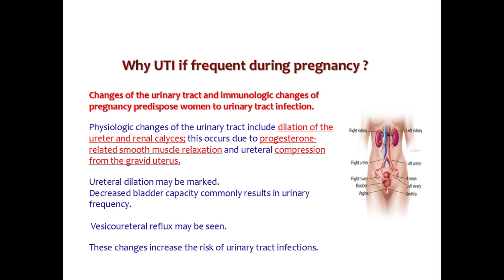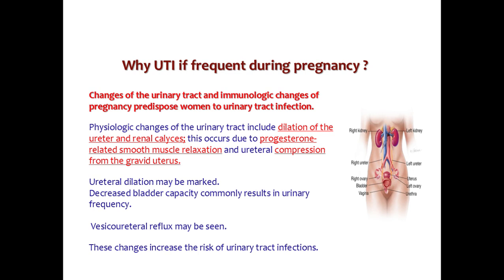Also, progesterone plays an important role. Progesterone causes smooth muscle relaxation. So the compression by the pregnant uterus and the relaxant effect of progesterone make the woman vulnerable and predisposed to urinary tract infection.